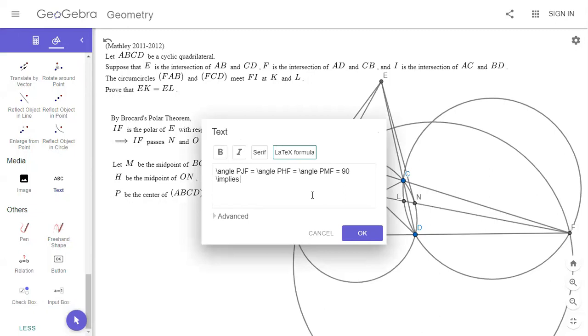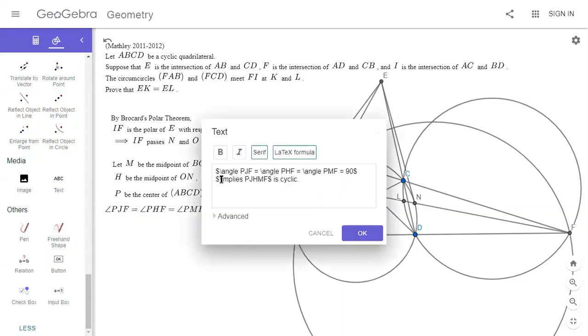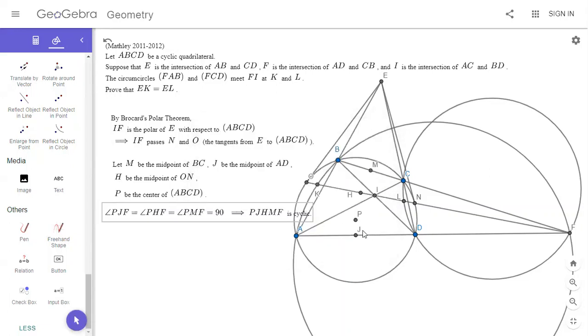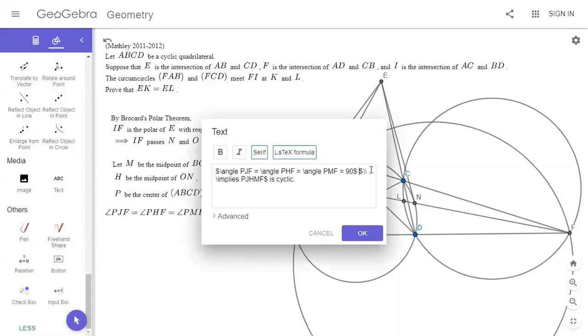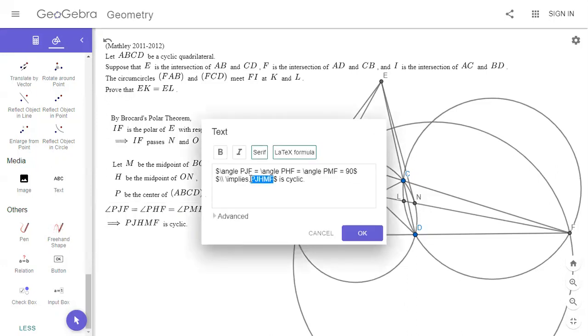So PJHMF is cyclic. MHPJF, I'll just write it like that.